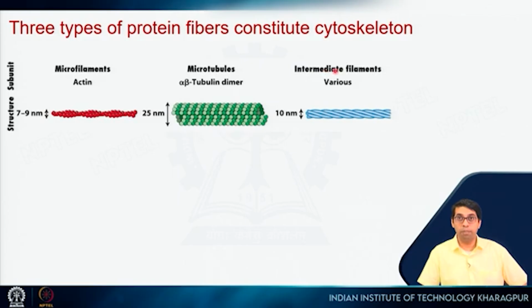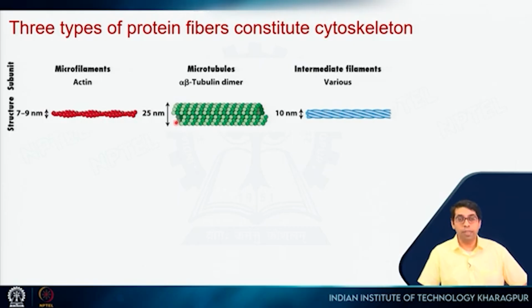So these are called intermediate filament proteins, and these proteins form these intermediate filaments. And you can see the dimension. Actin filaments, these are the narrowest one, 7 to 9 nanometer in diameter. Intermediate filaments are around 10 nanometers in diameter, and microtubules are the thickest, and these are 25 nanometers in diameter.